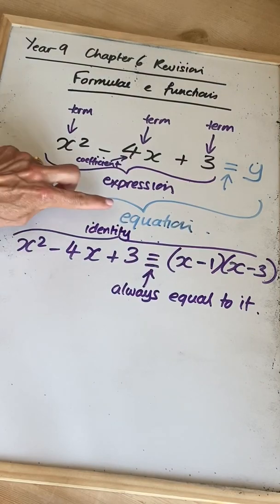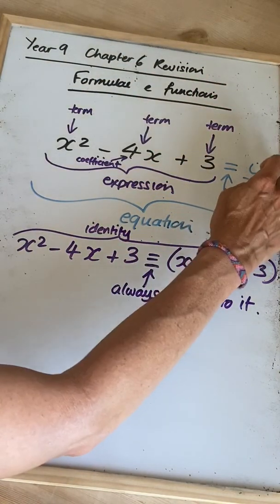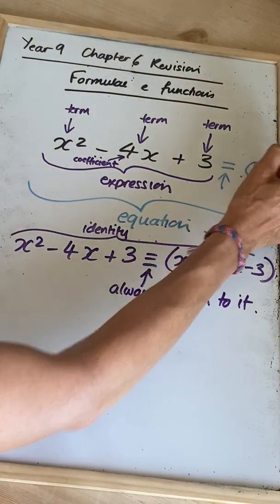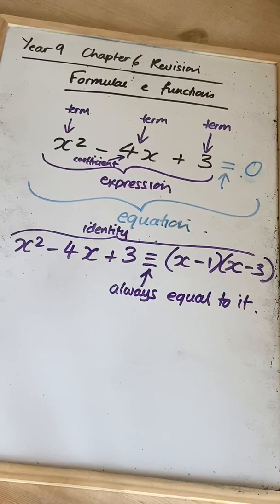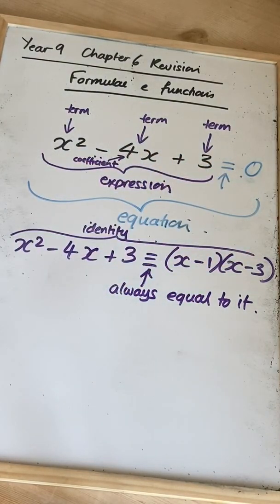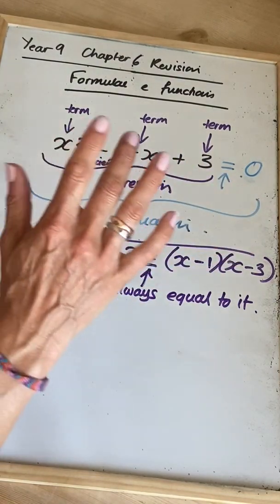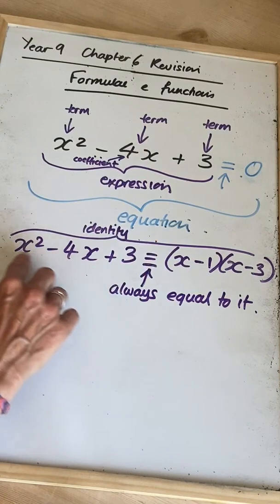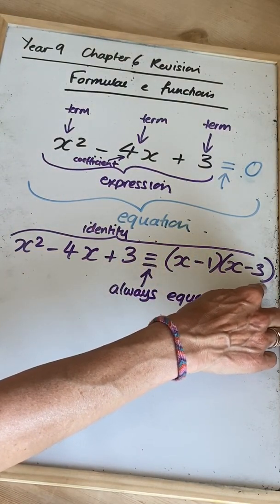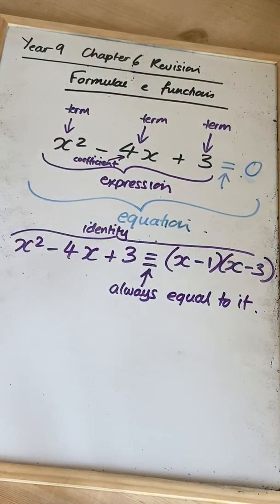With an equation, if I set my y equal to 0, say, there are only 1 or 2 values of x, 2 in fact, that this will work for. Yeah, won't be true for all values of x, but in an identity, this side is always equal to this side. Yeah, so an identity is always true.